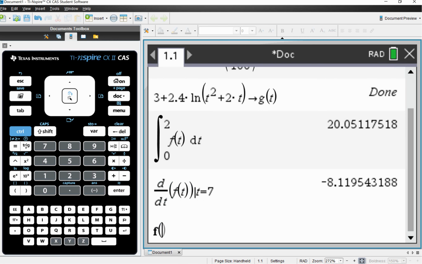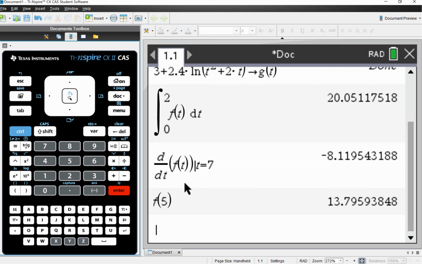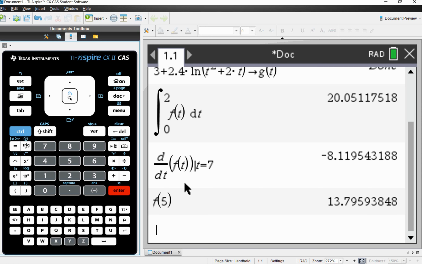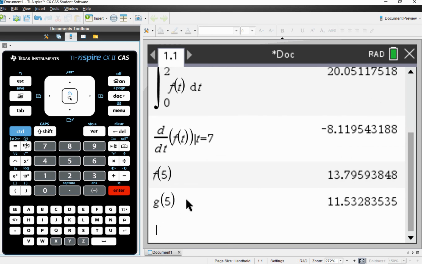Again, we don't actually have to do any calculus computation here. That's 13.795, so 13.796 rounded. And then what is the rate at which we're putting bananas back on the shelf? And that's 11.533.